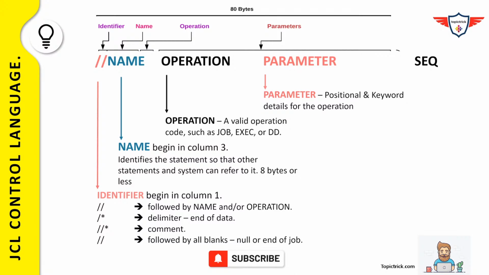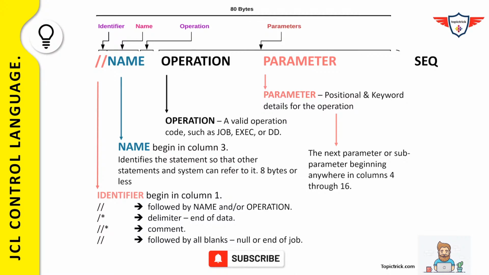There are generally 2 kinds of parameters, positional parameters and keyword parameters. We will look into all these parameters in detail in our next slide. As of now, just remember that this portion is confined for different parameters that are defined based on the operation.